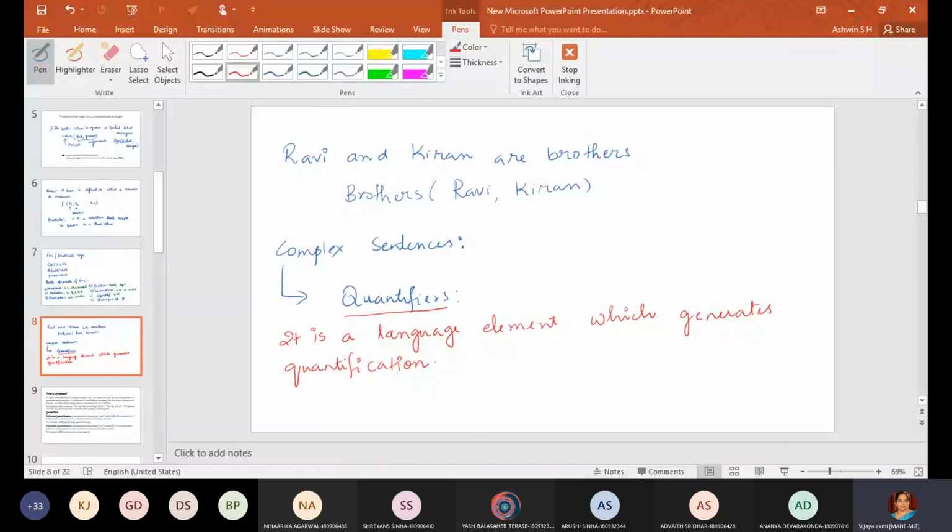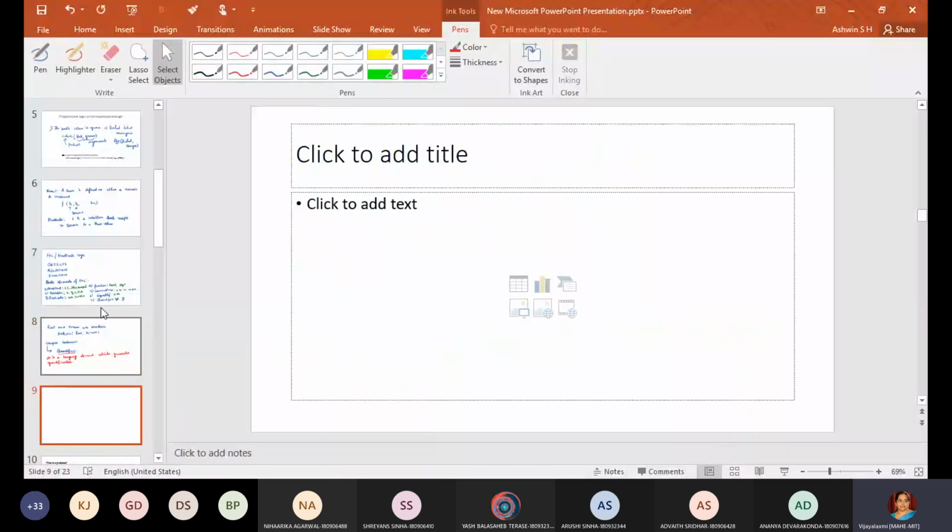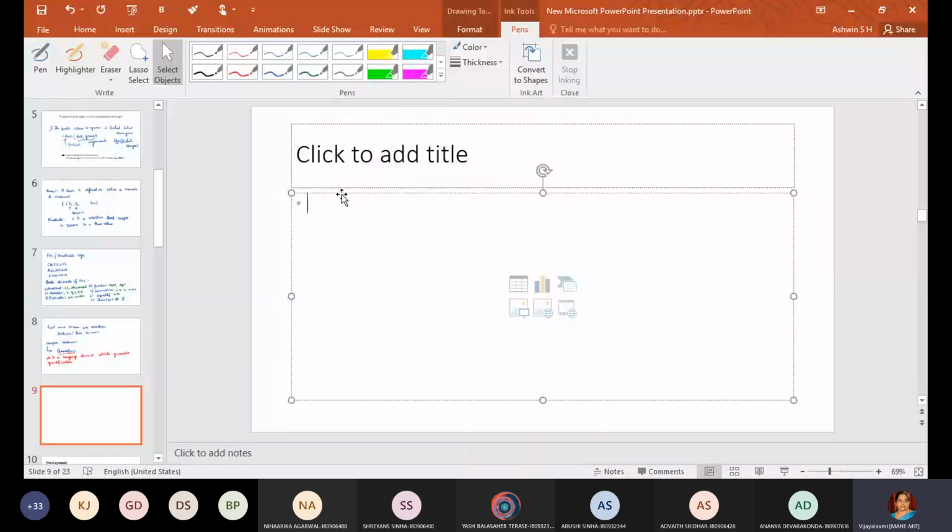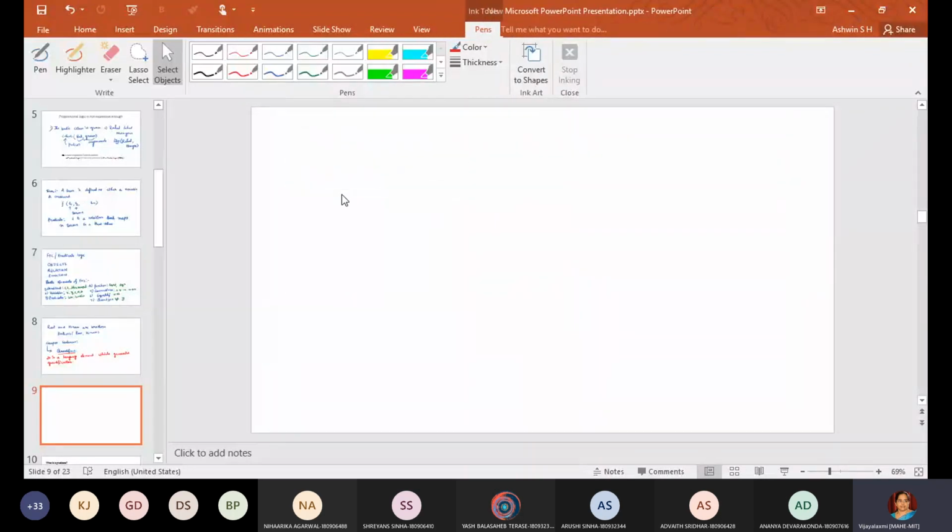So what is a quantifier? Quantifier is required to represent the complex sentences. It's a language element which generates quantification. Here it specifies each and everything, because these are all important things.